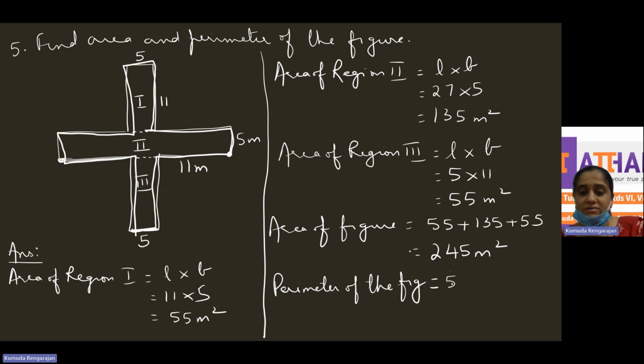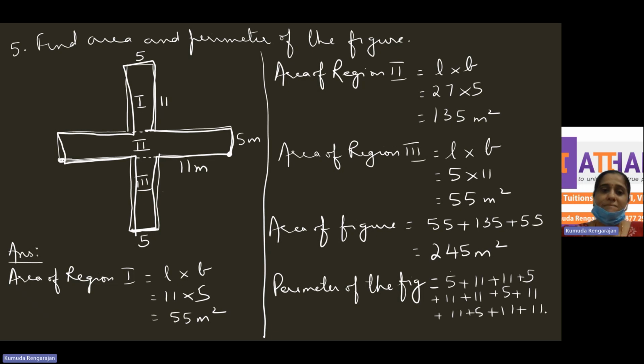It's 5 plus 11 plus 11 plus 5 plus 11 plus 11 plus 5 plus 11 plus 11 plus 5 plus 11 plus 11. Instead of putting 11 plus 5 directly, whenever it's perimeter, you should show what all you're adding.